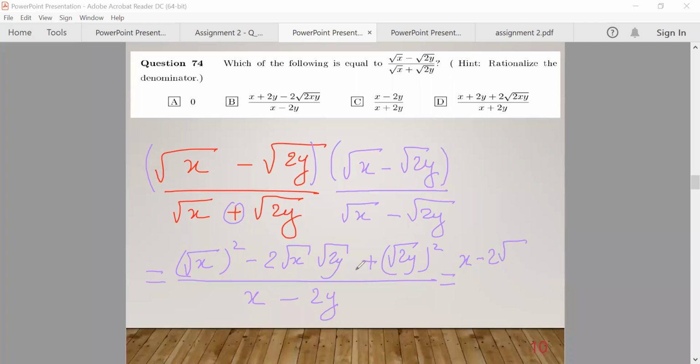We combine these two radicals. So 2xy plus the root goes with the square, 2y over x minus 2y. It's answer B.